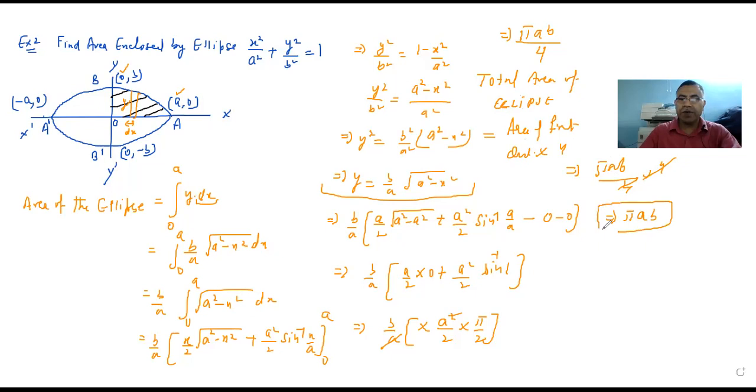This is the formula to get the area of an ellipse. A is the length which is on the major axis, B is the length which is on the minor axis. So this is all about the question. Note it down, please.